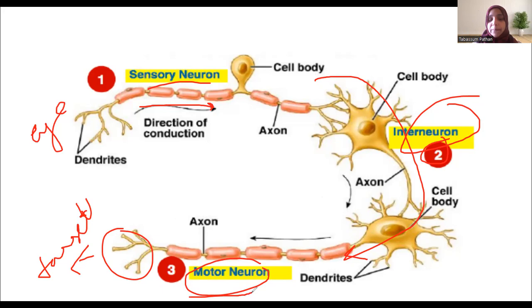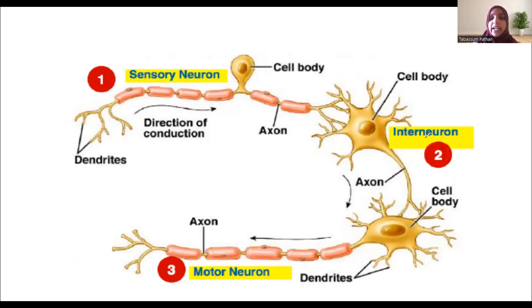So receiving information is sensory, and its effect will be passed on by the motor neuron. This is how the loop will look: sensory neuron, interneuron, and finally motor neuron. You see the axon of the preceding neuron is connected to the dendron of the next neuron. So this is how the neuron loop will look.